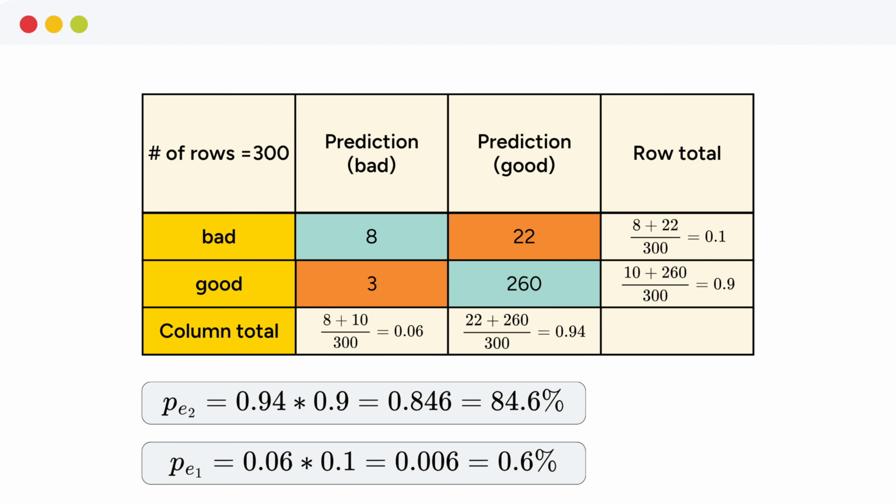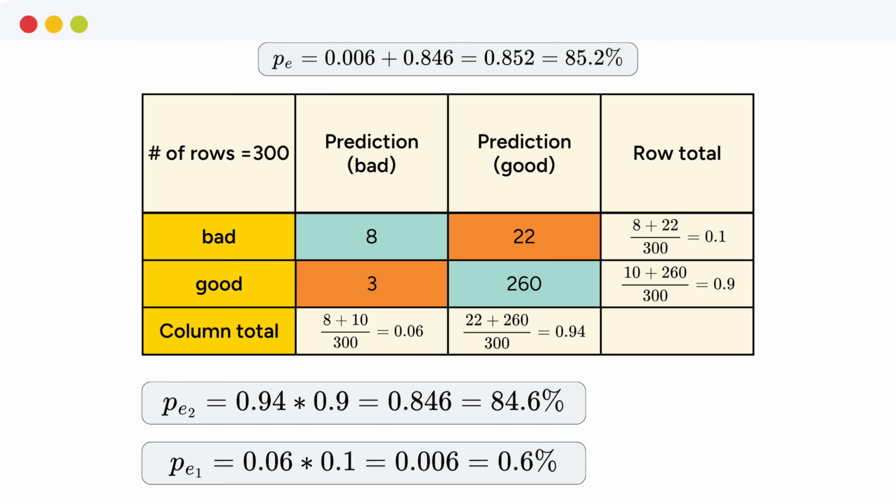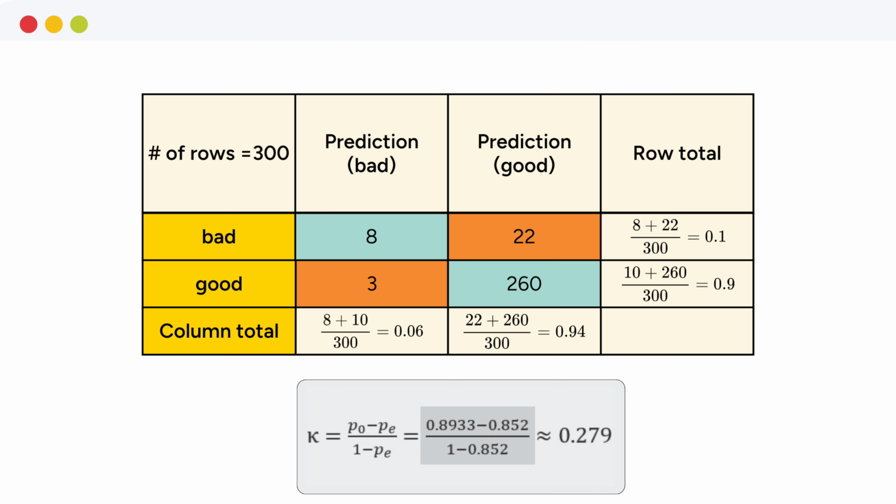To get the probability of a correct prediction by chance to any class, PE, you sum up these two probabilities. Using this result and the overall accuracy value, you calculate Cohen's Kappa and get 0.279, the same as in the accuracy statistics that we checked before.